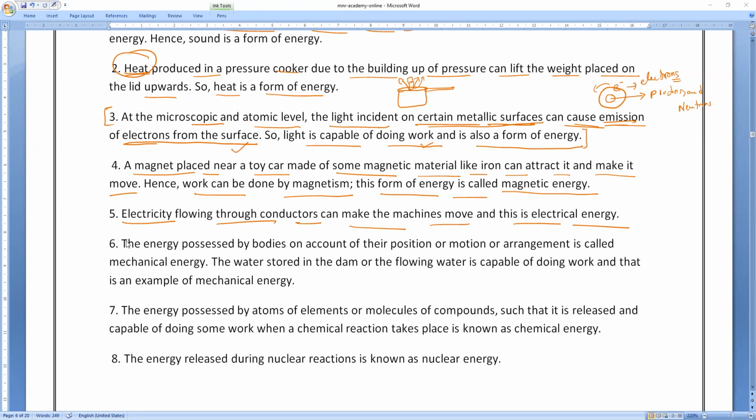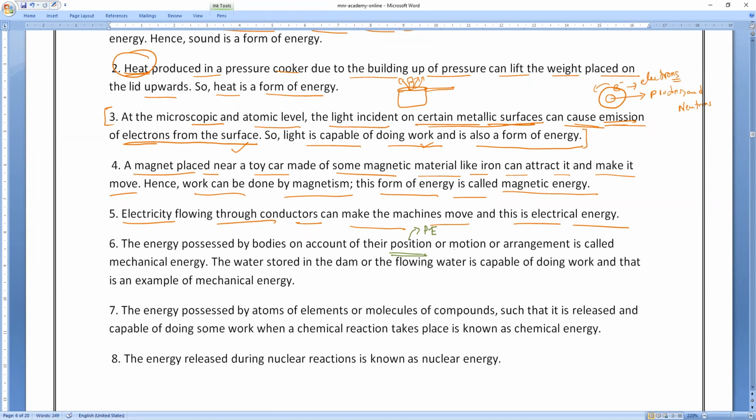Next, energy possessed by bodies on account of their position or motion. This is a very important one. Keep it in mind. Due to position, now I will enter and later I will teach you. We are going to study that. The energy possessed by the body due to position we used to call potential energy, PE. What energy, everybody?